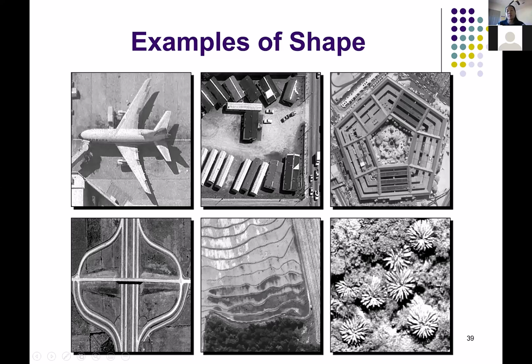I will know this is the Pentagon in the United States, and then the highway system, the river texture, and the different tree species in the area. So shape gives very rich information about the landscape, and we can associate that based on what we are familiar with from our life experience.